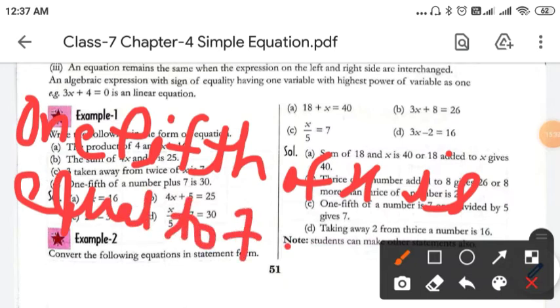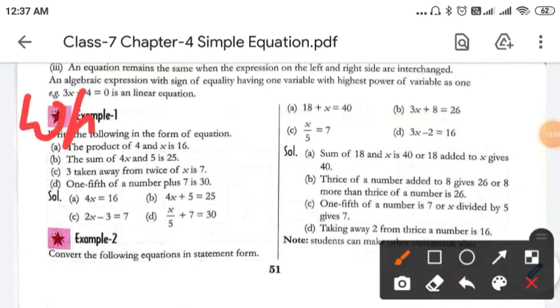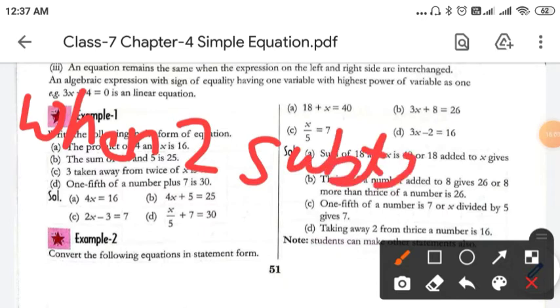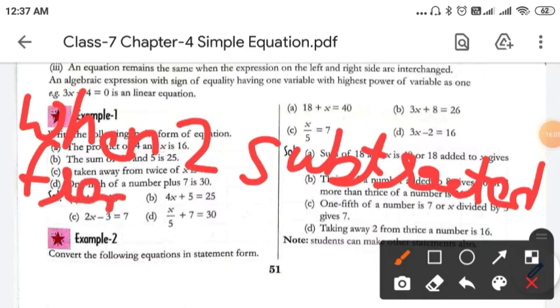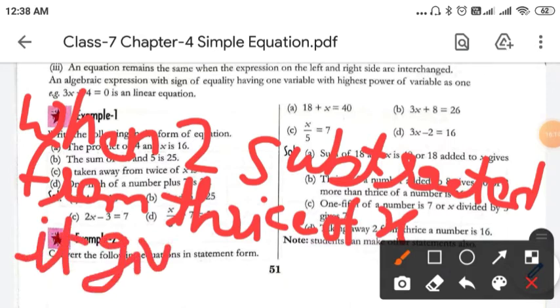Next one is 3x minus 2 equal to 16. So 3x minus 2 means when 2 is subtracted from thrice of x, it gives 16. When 2 is subtracted from thrice of any number, or we can also write x, it gives 16.